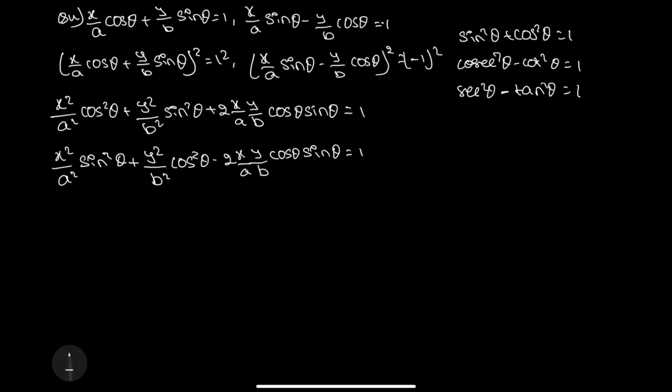And here we have our values in terms of sin square and cos square, and the relation between them is a sum. So we have to add these two equations. So let's add these two.